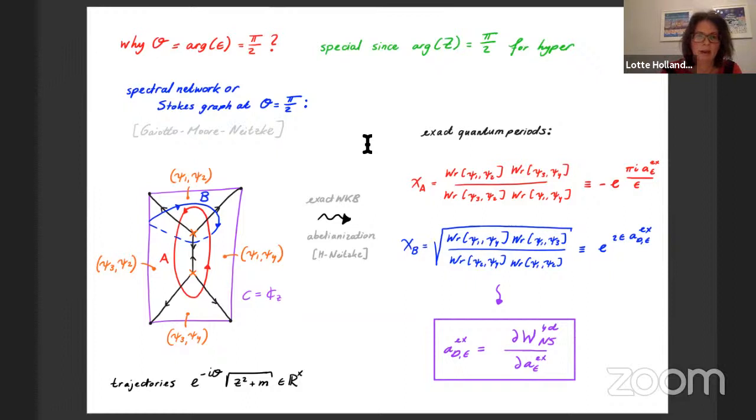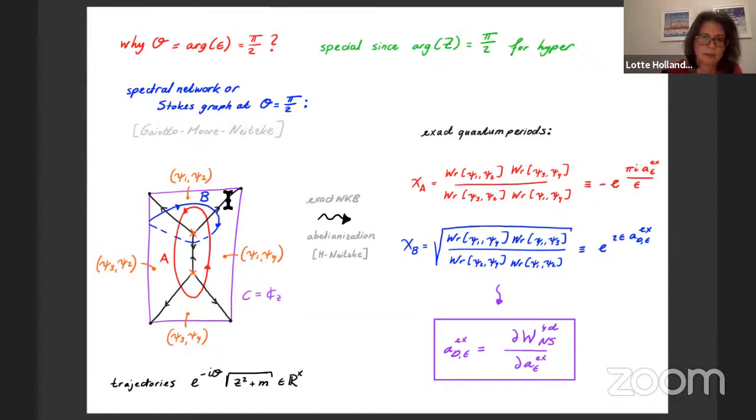If we compute the spectral network corresponding to this phase, that is, we look at trajectories given by this property, e to the power minus i theta times the square root of the quadratic differential is real, then we get these trajectories which are drawn in black here.